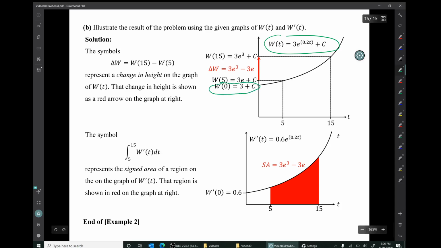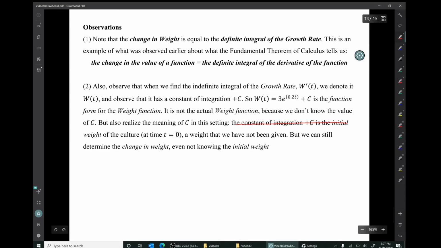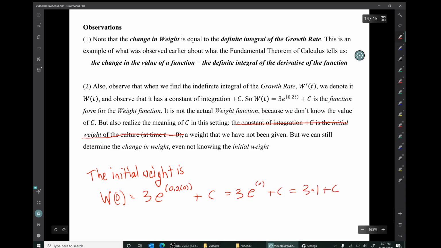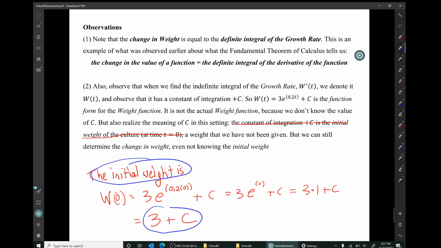When you plug in t equals 0, you don't get C as the value, you get 3 plus C. So again, the initial weight of the bacteria culture is 3 plus C.